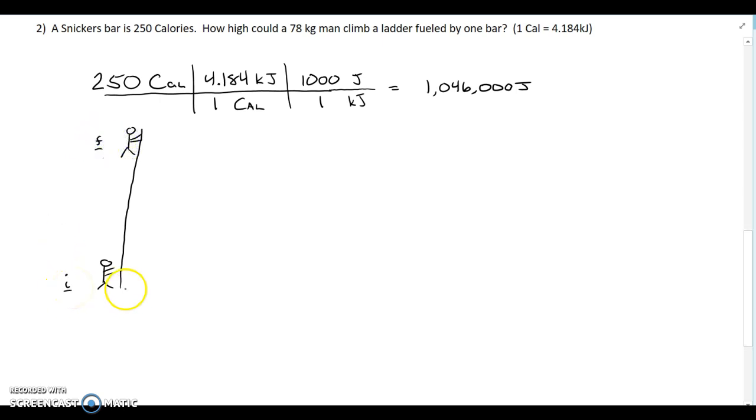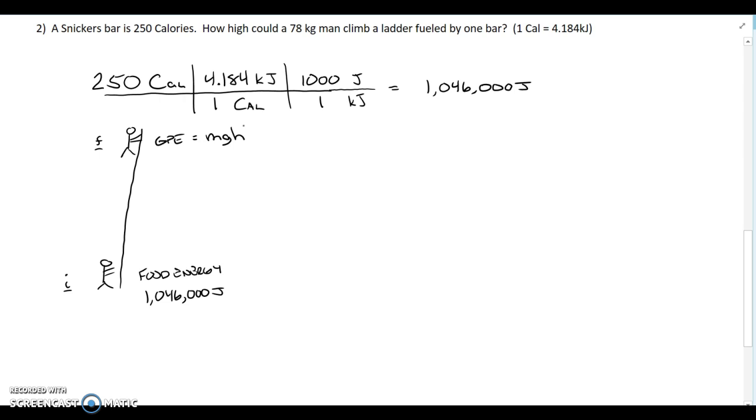And at the bottom, the only energy he has is in food energy, which I haven't told you how to calculate, but we know the value, which is equal to 1,046,000 joules. And at the top, assuming he used all of that energy from the food to convert it to what we would have at the top, which is GPE, which is equal to his mass times gravity times his new height.